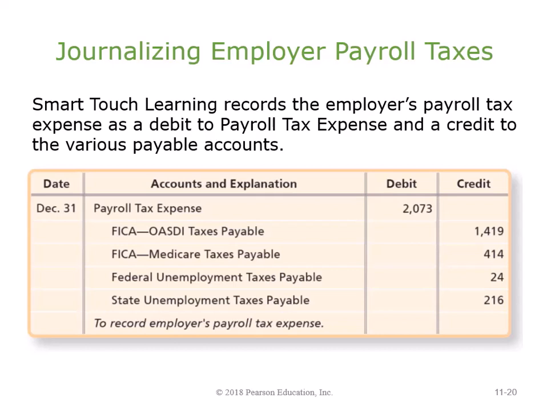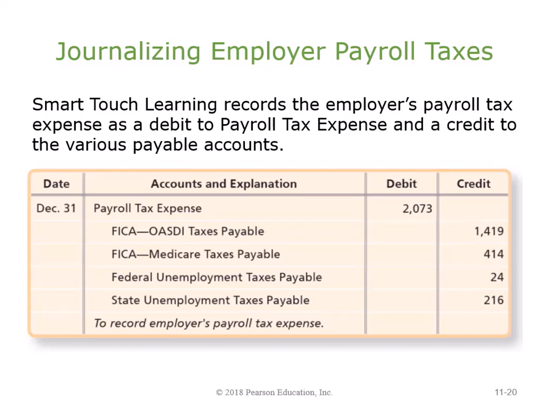Okay, so here is an example of what an entry would look like when the employer is journalizing the payroll taxes. Now, again, remember, this is their tax expense, okay? So this is not what they withheld from their employees. This is what they are actually having to pay.